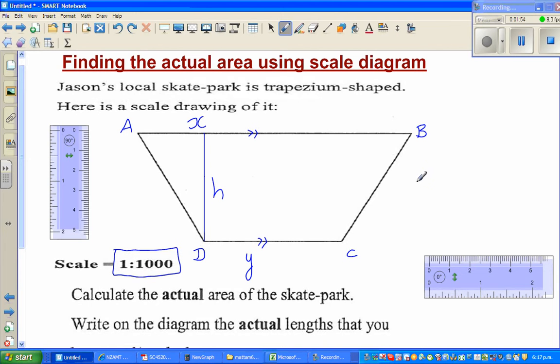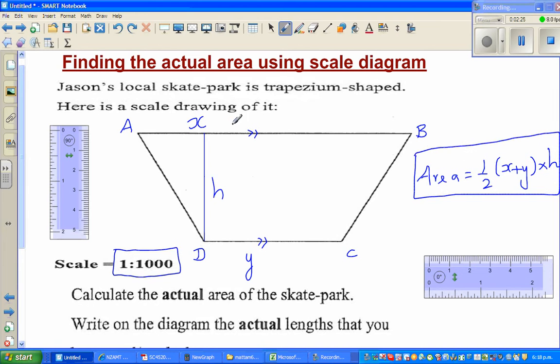So the area of this trapezium is half times (x plus y) times h. Basically we are finding the average of the lengths of the parallel sides.